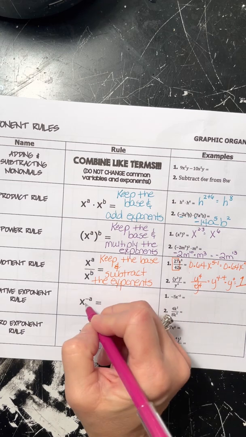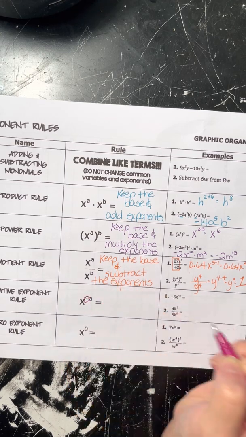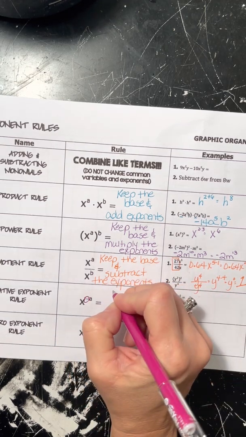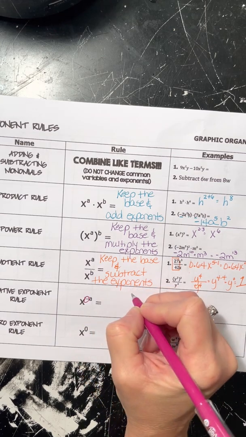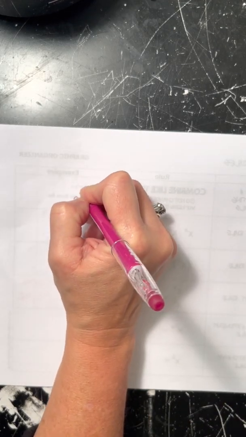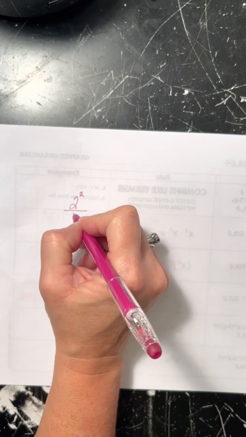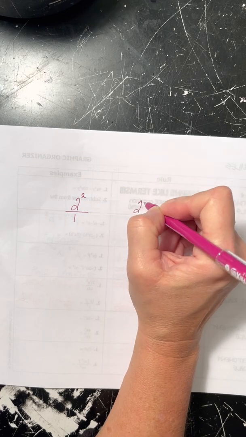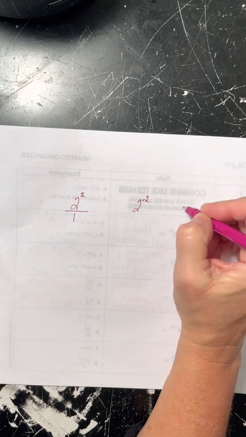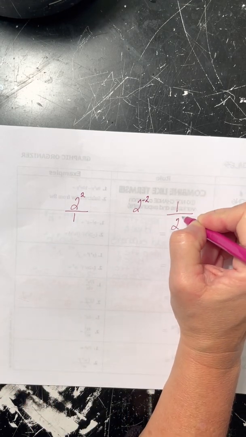The negative exponent rule: if you have a negative exponent, it's just the reciprocal. I'm going to flip this over and show you a little bit what this is. If I have 2 to the second power, that's 2 to the second power over 1, okay? Well, 2 to the negative second power is the reciprocal of this, which is going to be 1 over 2 to the second power.